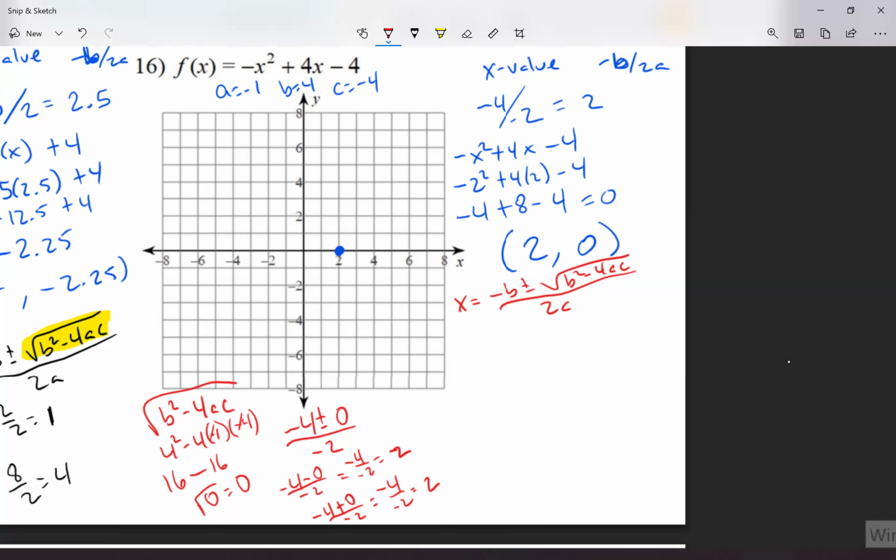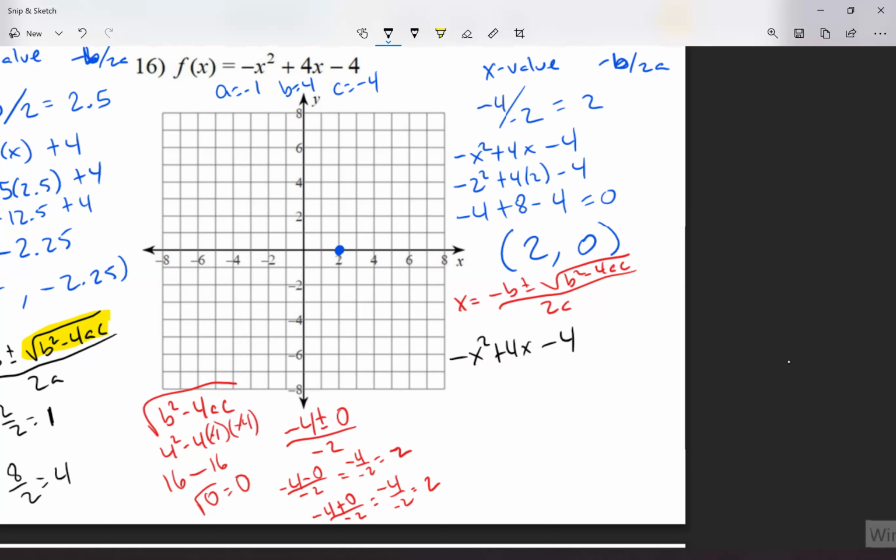Okay. How am I going to figure this out? How am I going to figure out other points? Well, remember how my equation, let me change this to black. My equation is negative x squared plus 4x minus 4. I know my vertex, the x value is 2, right?